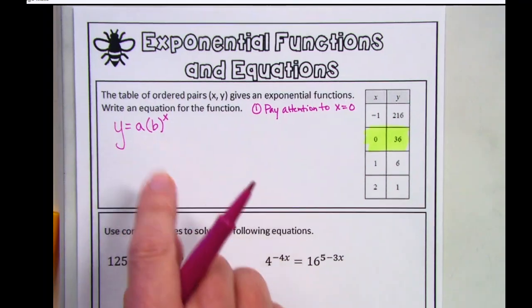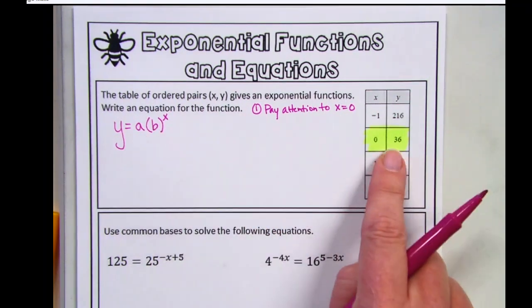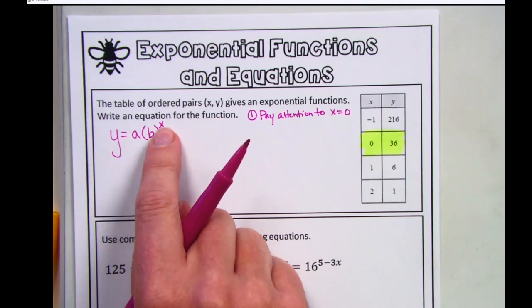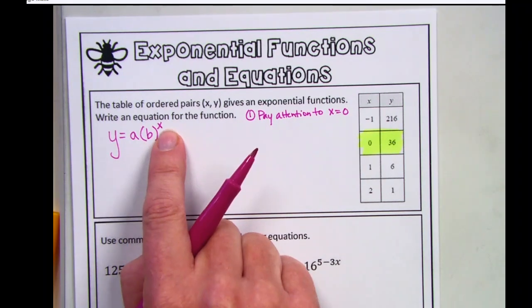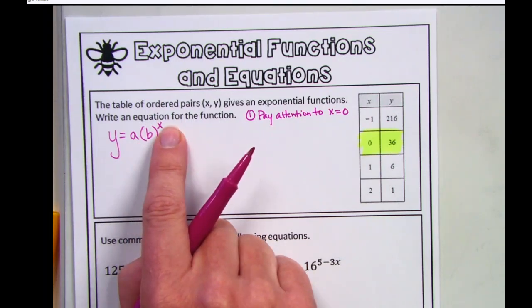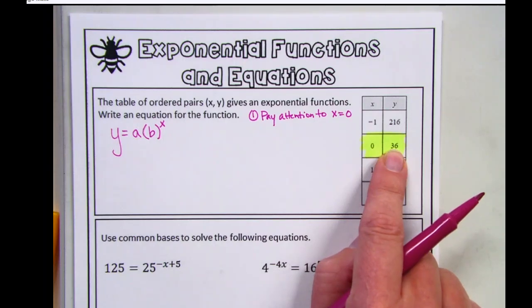So think about that. What variable would have to equal 36 if when x is 0, I get 36 for y? Anything raised to the 0 is what? 1. 1 times what number would be 36?